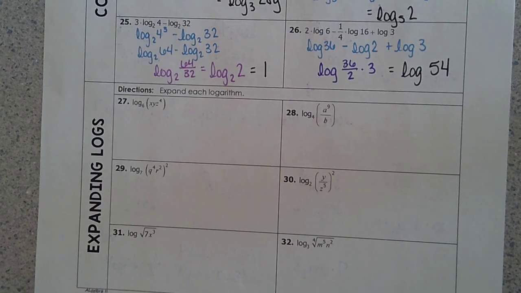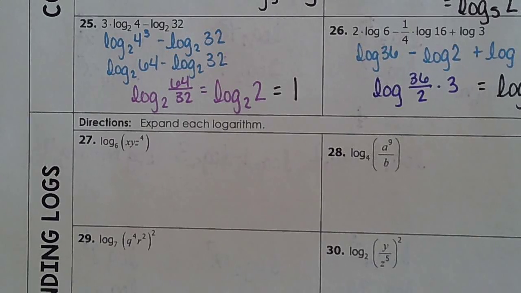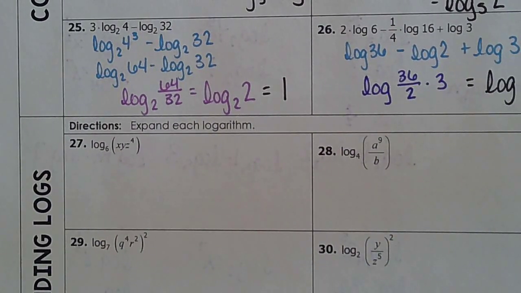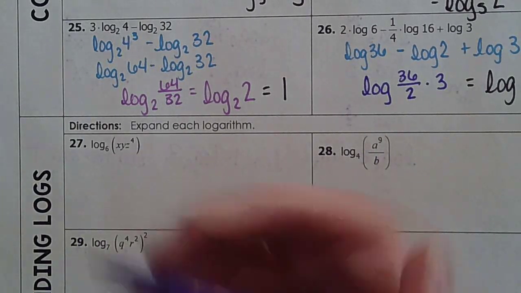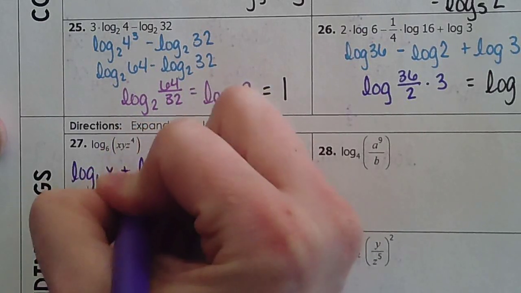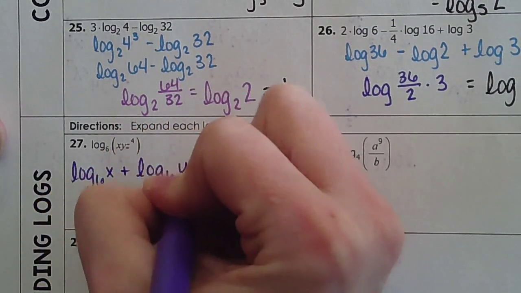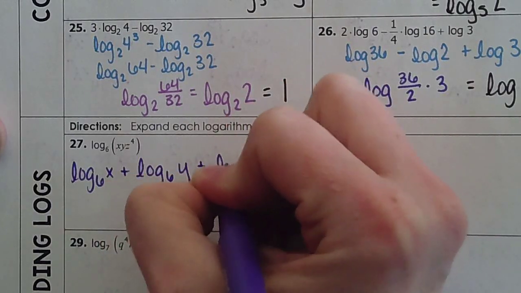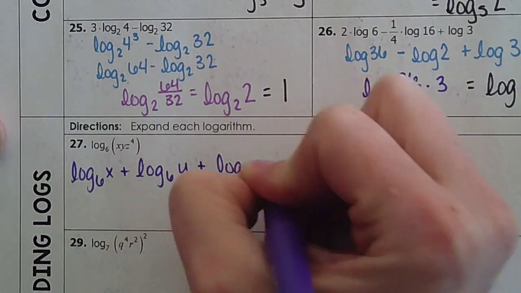So I'm looking at number 27. It says log base 6 of x, y, z to the 4th. That 4 is only touching the z because it's inside the parentheses. So I've got log base 6 of x plus log base 6 of y plus log base 6 of z to the 4th.